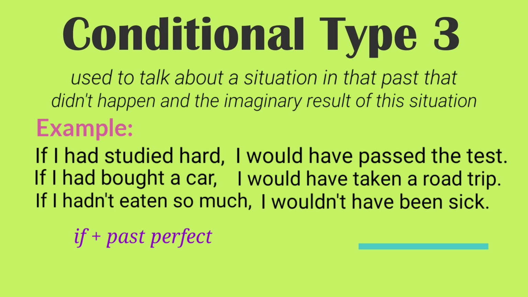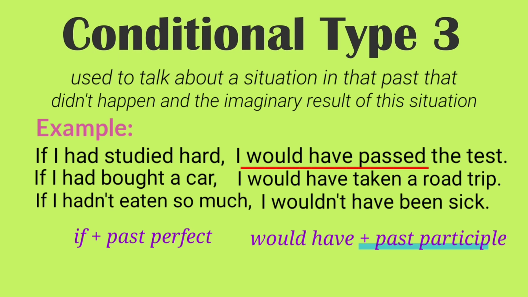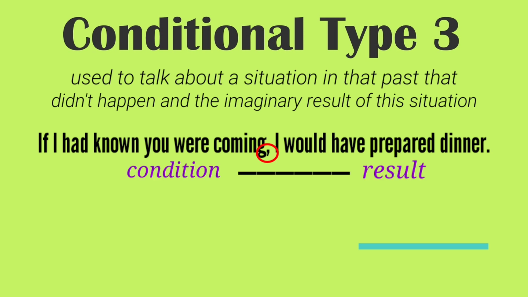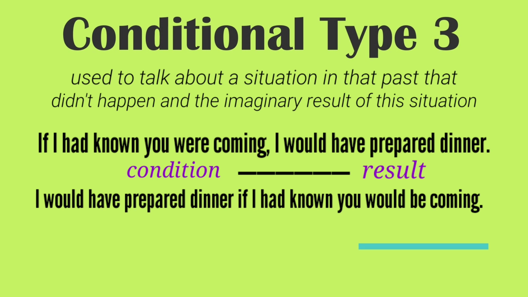For the result clause, it is formed by using would have plus past participle. Would have passed, would have taken, would have been. Keep in mind the punctuation. If the condition comes before the result, we need a comma to separate the two clauses. But if we switch these two, wherein the result comes before the condition, there's no comma needed.